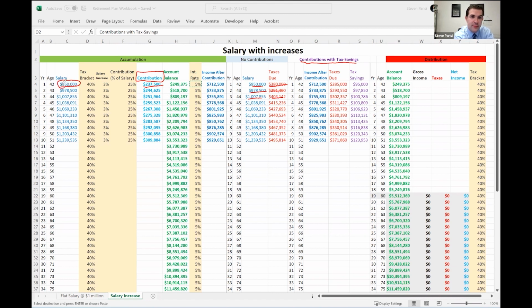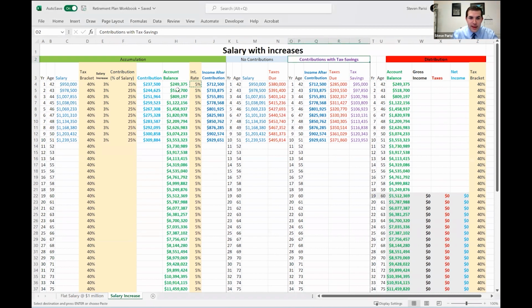It brings your taxable income from $950 minus $237,000 to $712,500, which at 40% of this number is $285,000 in income tax due, which is a tax savings of $95,000 when we compare it to what we would have paid in income tax if we had not elected to participate in this qualified plan. And then we see year over year what things will look like. And if your tax bracket adjusts over time, we can change that each year too.